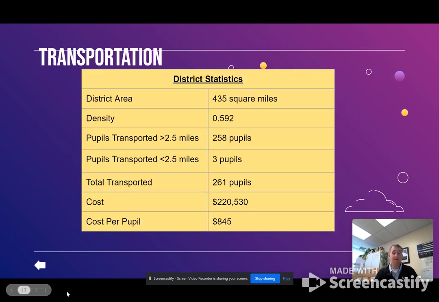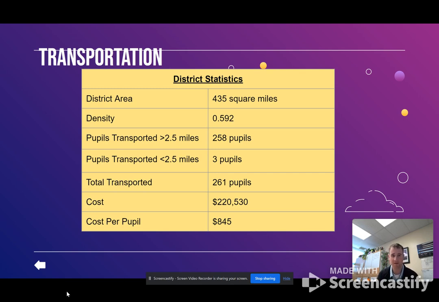District statistics. Our area is 435 square miles. We are a very large geographical district, but as you can see from our density, we are not very populated. Pupils transported greater than 2.5 miles is 258 out of our 261.